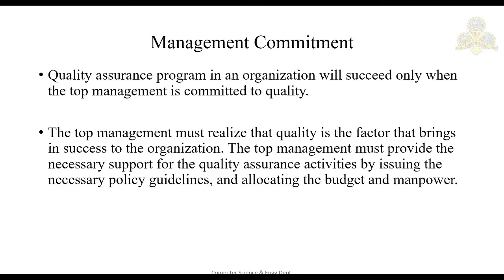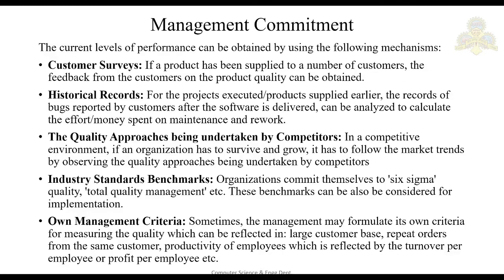Basically the top management needs to measure the current level of performance. What the team is doing at present and what their performance is, and then they have to identify the areas of improvement and then they can establish the quality goals. Now, what are the factors that decide the current levels of performance? The first factor is customer service.